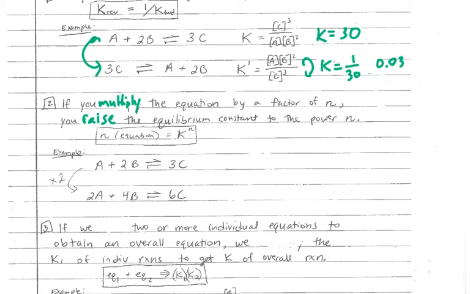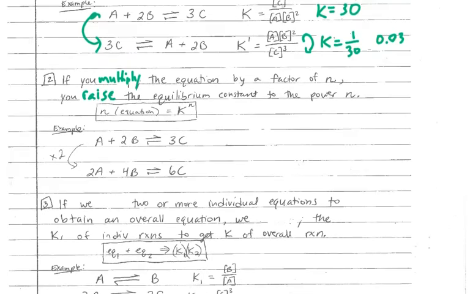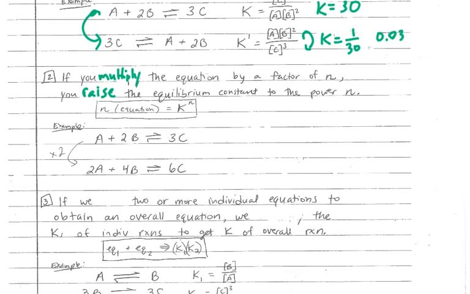So if you multiply the whole equation by some factor, then you have to raise K to that factor. This will make sense too when we work it out. For example, if we have A plus 2B reacts to form 3C, and we multiply that equation by 2, then we multiply all the coefficients by 2 and get 2A plus 4B equals 6C.